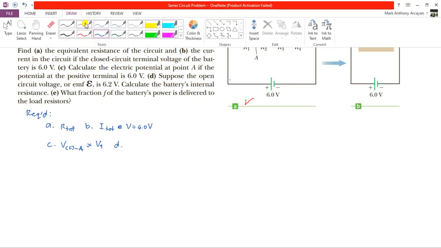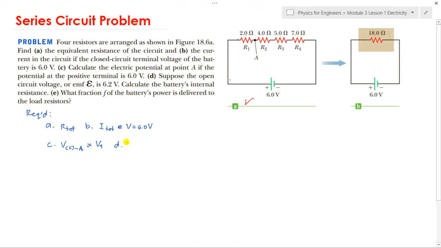So meaning napatay laing voltage nga gi butang. So and then we're going to solve for the resistance of the battery, that is R battery. Then solve R battery at E equal to 6.2 volts.